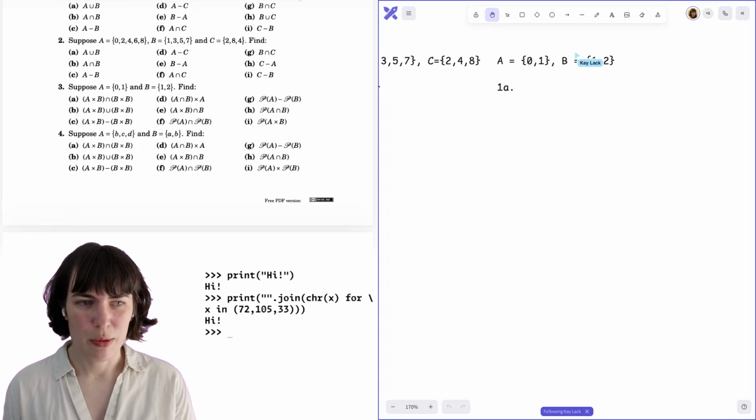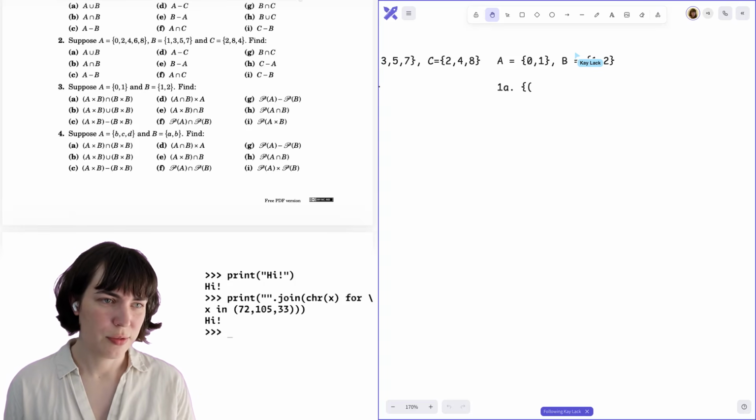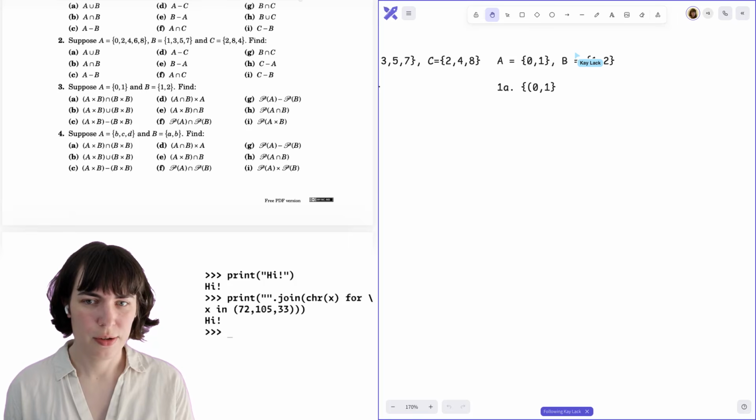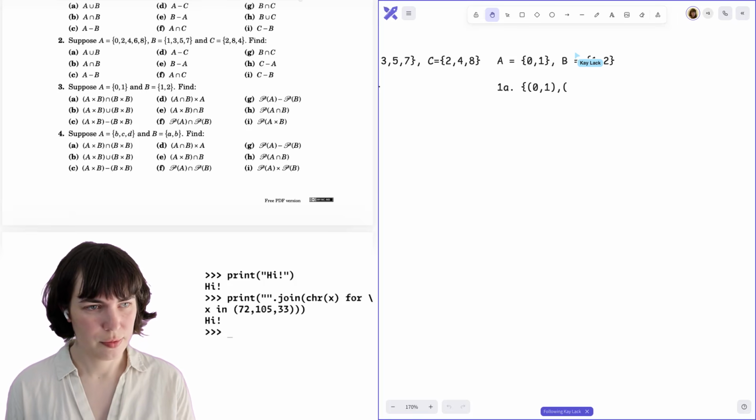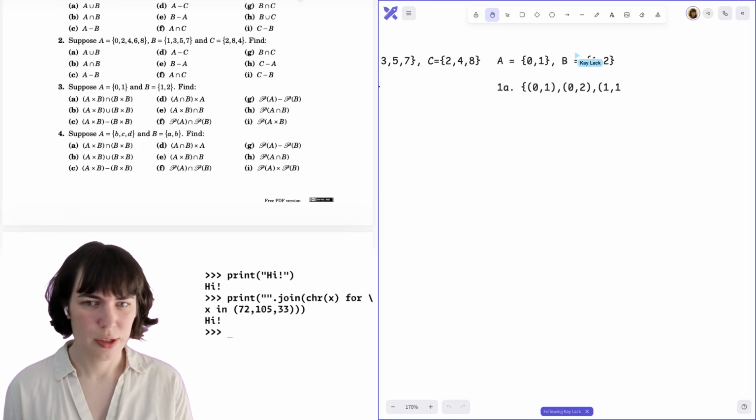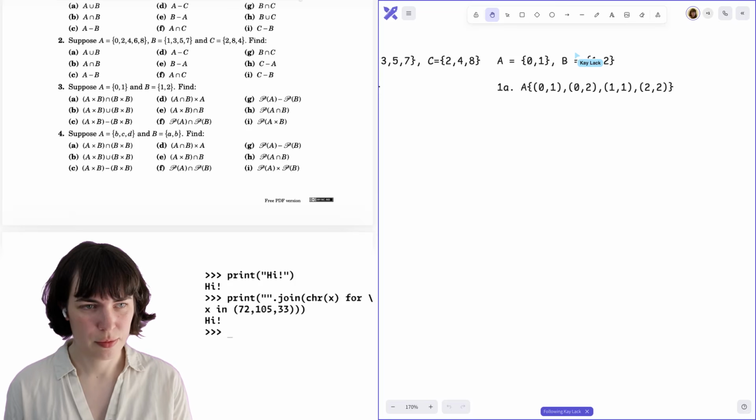So A and B, we're going to get a set of 0, 1, 0, 2, 1, 1, and 2, 2. And then if we do this again for... So this is A cross B.